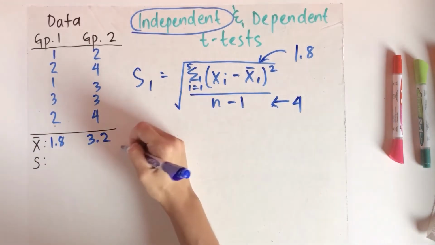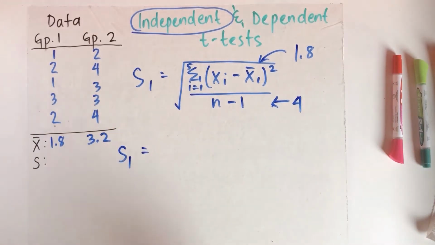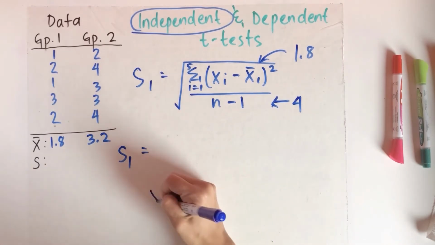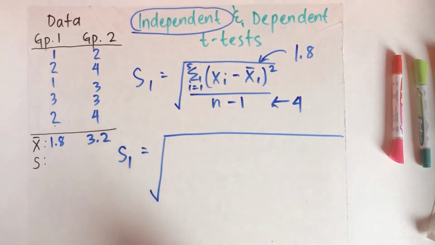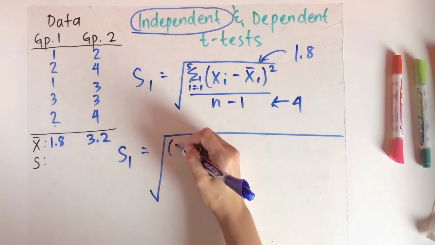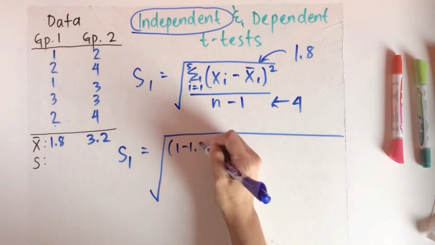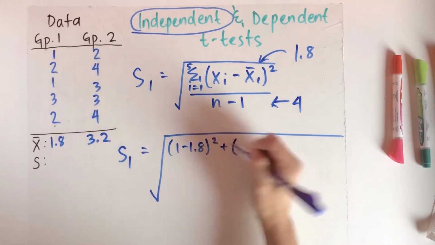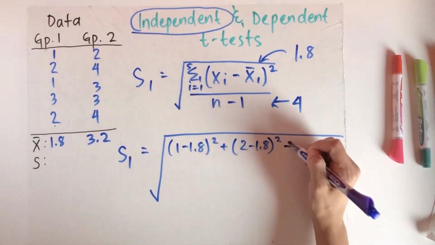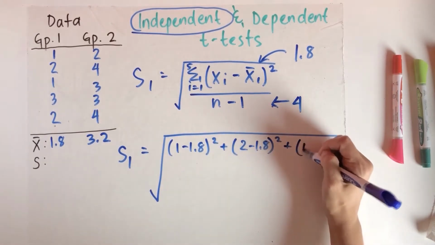So more specifically, we're going to be looking at a gigantic square root sign. And we're going to add 1 minus the mean, 1.8, square that, then add that to the next observation, 2 minus the mean, 1.8, square that, and do the same for the remaining 3 data points.